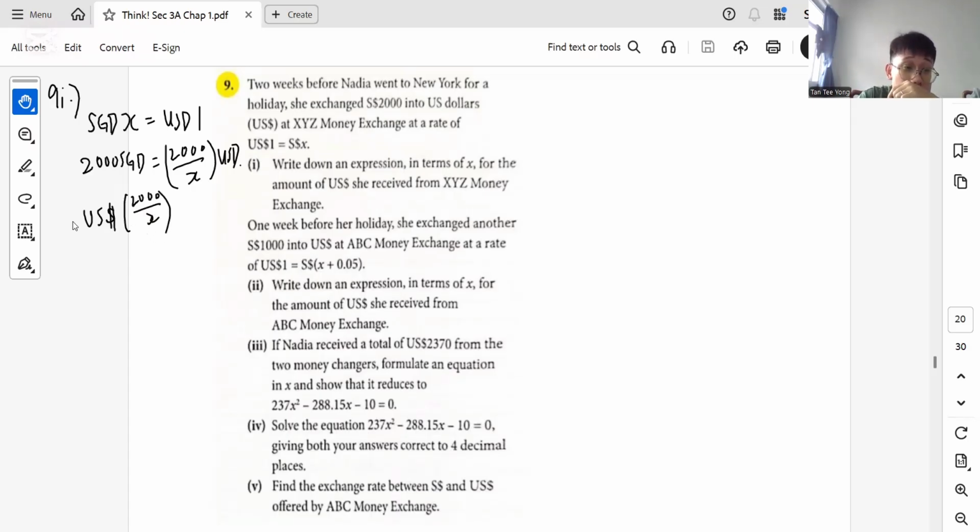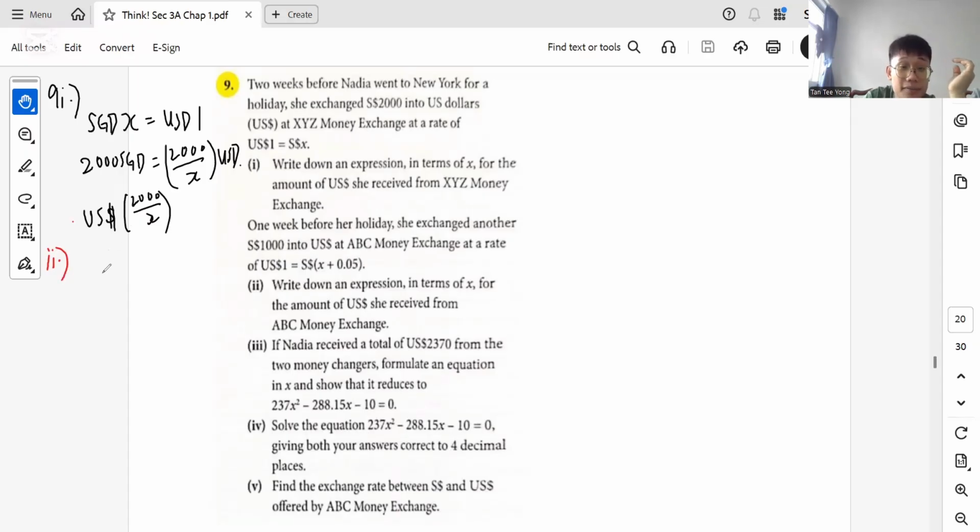Okay, part 2. One week before her holiday, she exchanged another 1,000 Sing dollars into USD. And the rate now at ABC Money Exchange is different. It's not better, it's worse, because you need more Sing dollars to change to 1 USD.